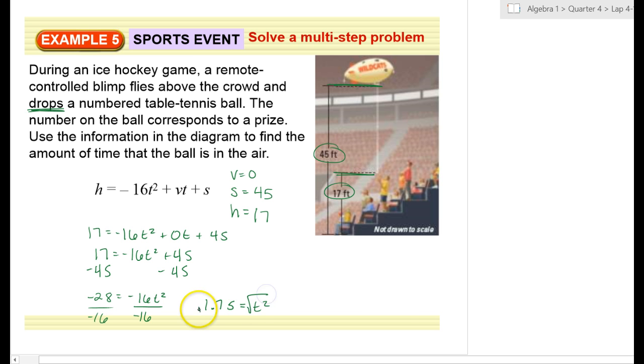Then take the square root. So I get plus and minus square root of 1.75 is equal to t. But since it's time, I don't care about the negative. So I just want positive square root of 1.75. So square root of 1.75, type that into the calculator, you get 1.32 seconds. So the ball is in the air for 1.32 seconds.